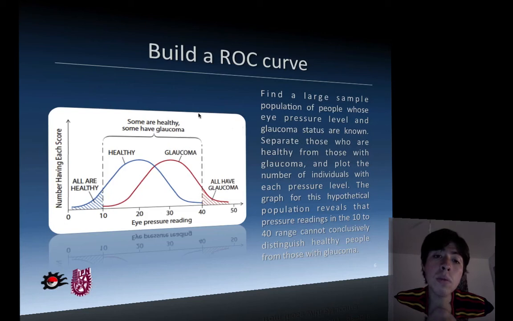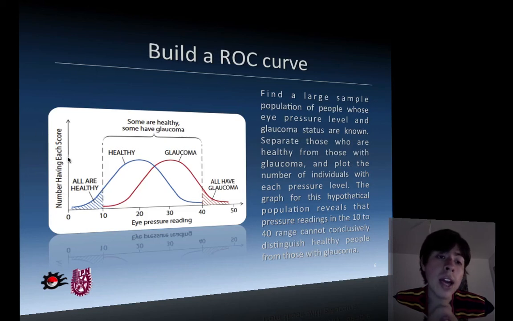We can see from the plot shown here on the left side of the screen, we have the x-axis with the eye pressure reading that goes from 0 to 50. And we have two curves. We have a blue curve that states the people that are healthy, and a second curve, a red one, that states how many people have glaucoma.